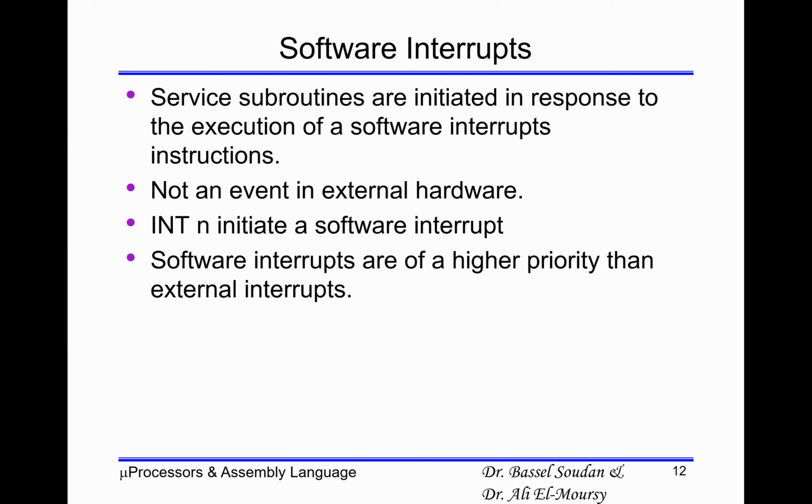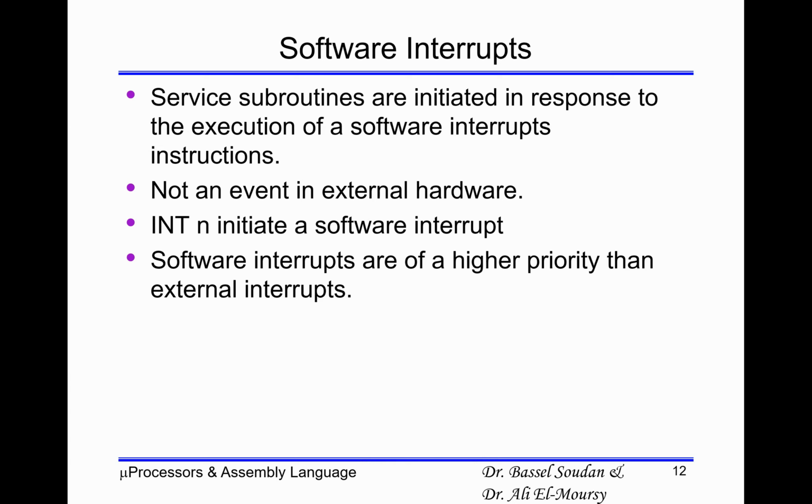Now, as we mentioned, there are other types of interrupts. One of them is the software interrupt. The interrupts are different from each other based on their priorities. The highest priority interrupt is the reset. That means no doubts, once the reset interrupt arrives, the microprocessor will go and execute it.